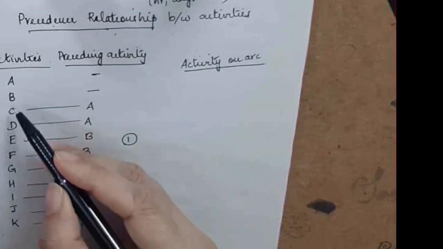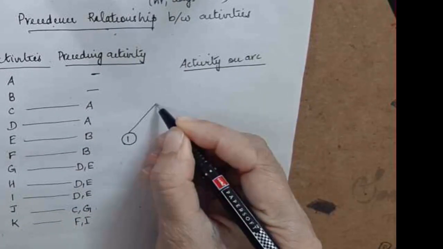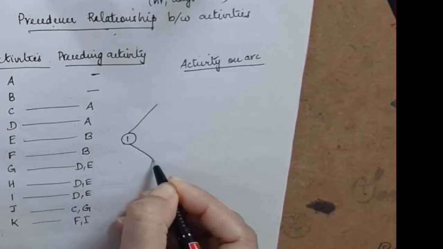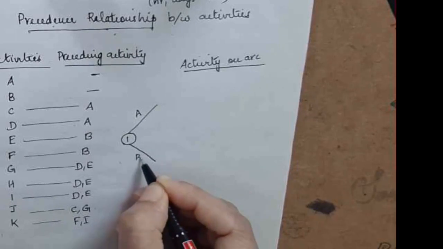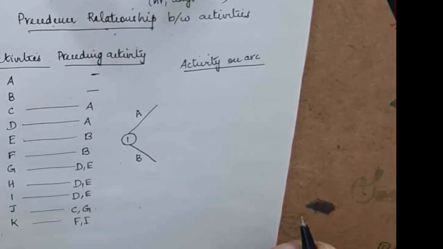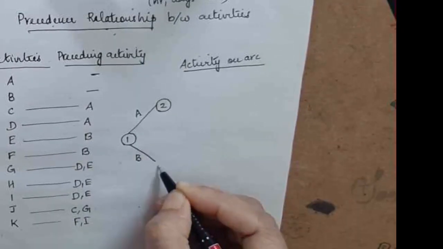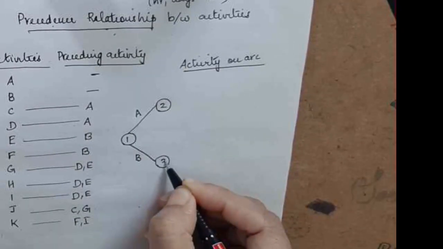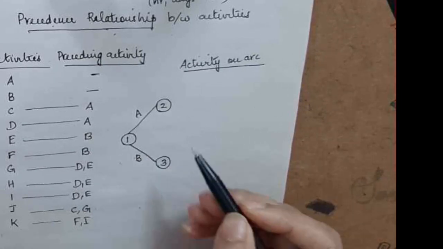Now A and B can start simultaneously. This is A and this is B. We can number this again as 2. So this is one event: our first event is A and B starting together.